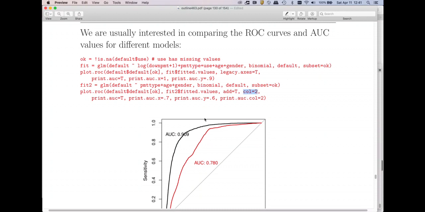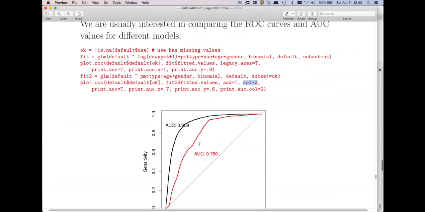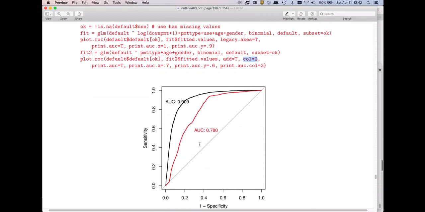So model 1 is black, model 2 is red, and what you'll see with these two models is the black curve dominates the red curve. So for any, say, true positive rate, let's just fix the true positive rate, I'm better off with the black model. Why? Because I have a lower false positive rate with the black curve than I do with the red model.